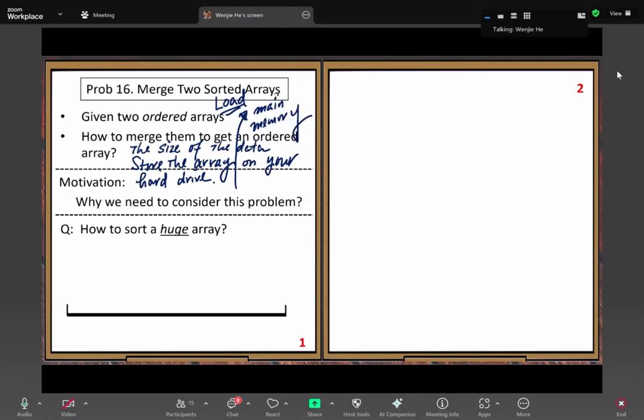Now the restriction. Let me give you the restriction. The data is huge. So big enough, it's larger than the main memory size.